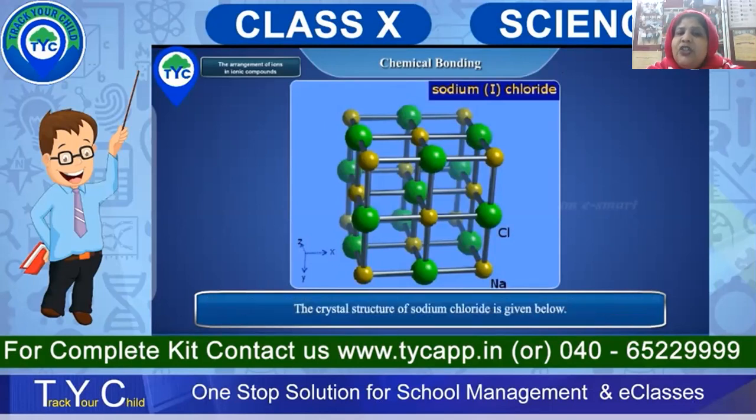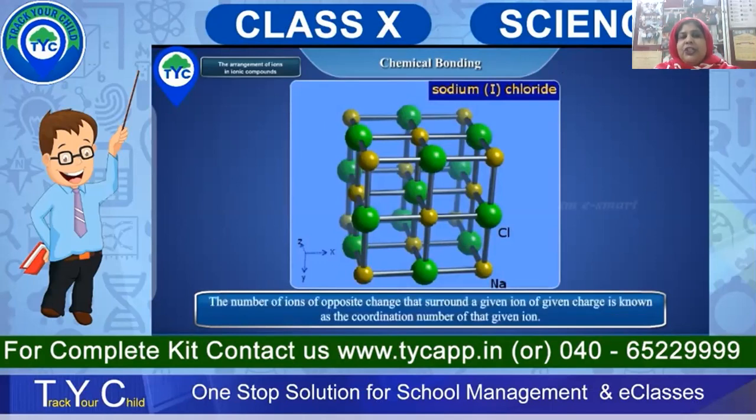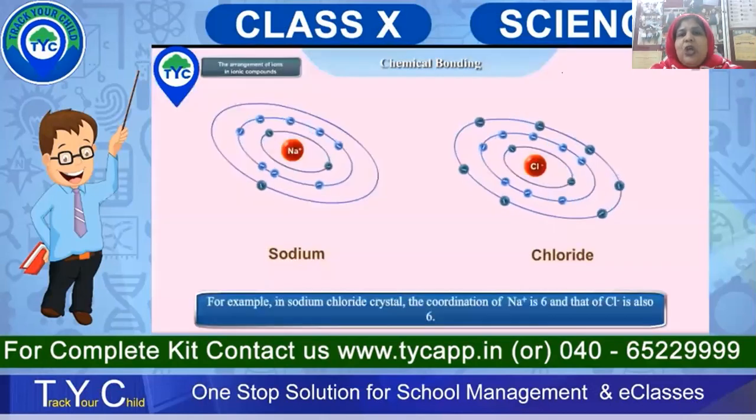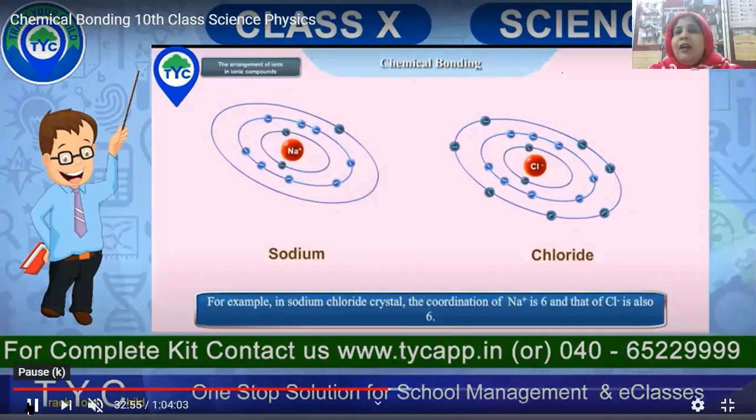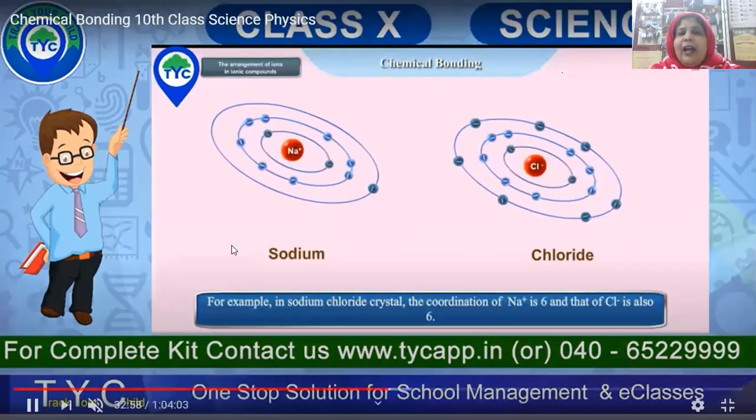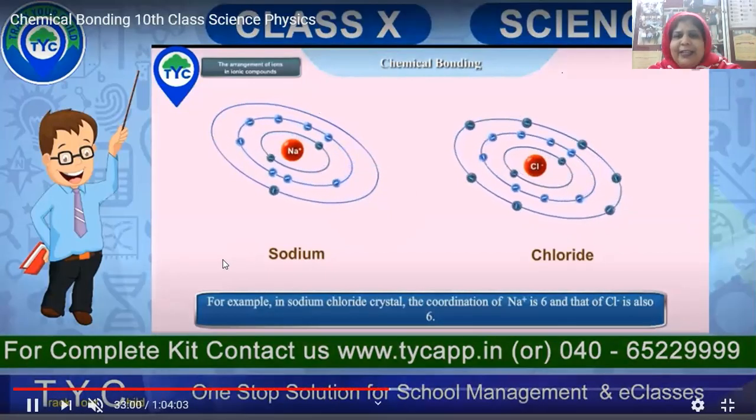The crystal structure of sodium chloride is seen here, and sodium chloride is said to possess a face-centered cubic lattice structure. The number of oppositely charged ions that surround a given ion is known as the coordination number of that ion. If you have seen crystals of salt, you will understand its shape and how beautifully they are arranged together.